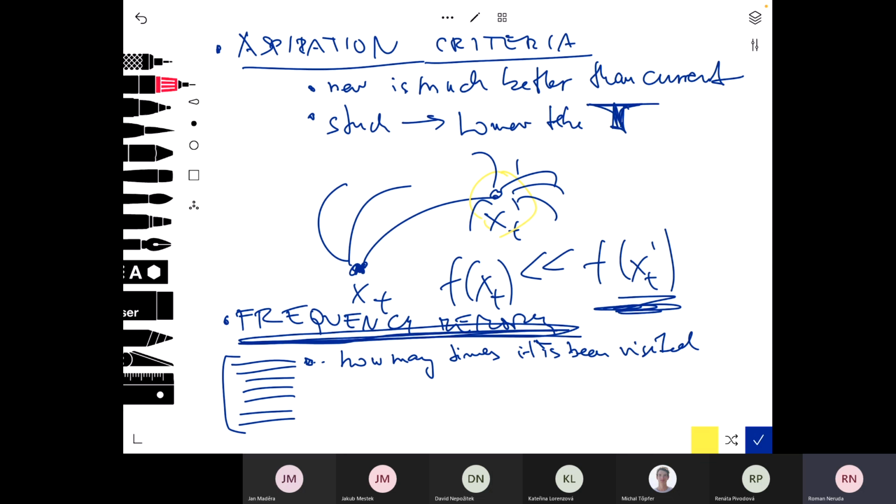So one of the possibilities is that if you're selecting where to go, you prefer the ones that have low frequency, right?